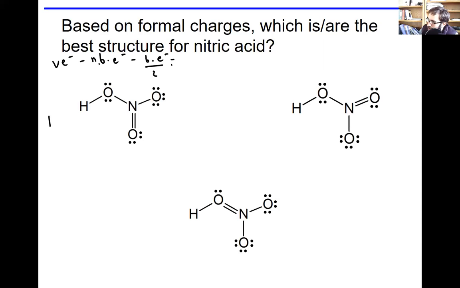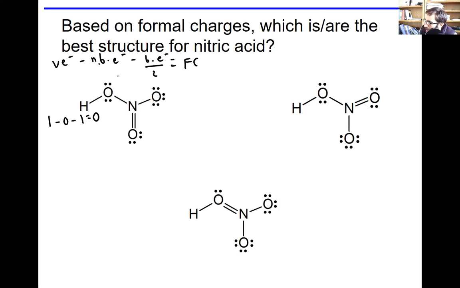FC, we'll say, stands for formal charge. So for hydrogen, that's one valence electron minus 0 non-bonding, since it doesn't have any lone pairs, minus one bond, or bonding electrons divided by 2. So that's going to be equal to 0.